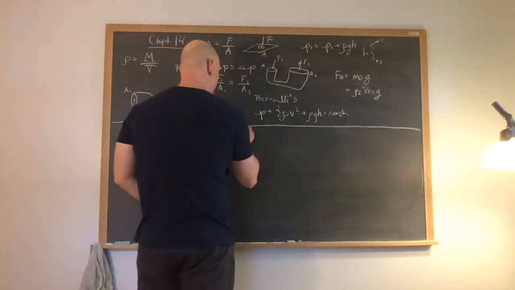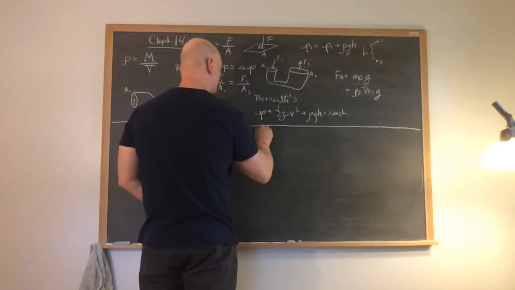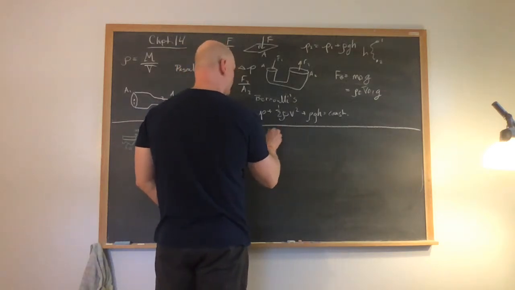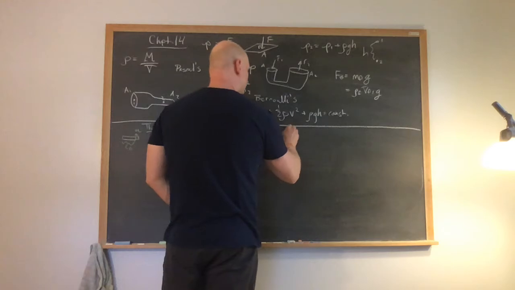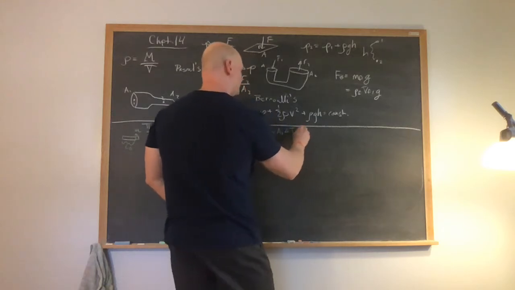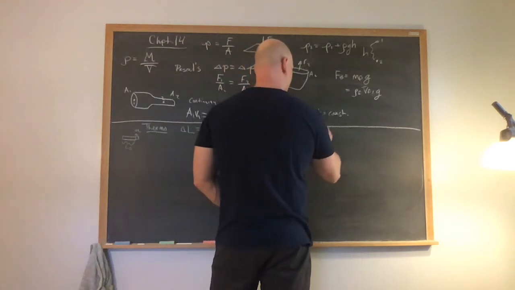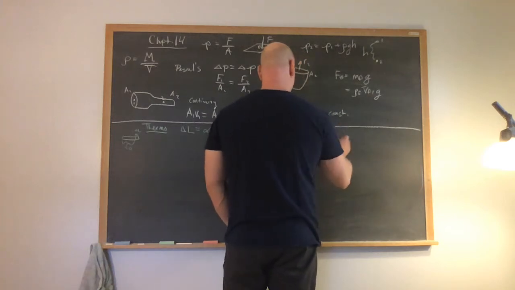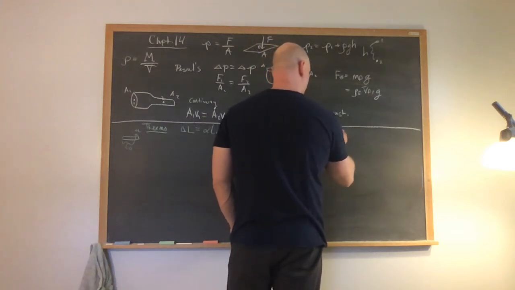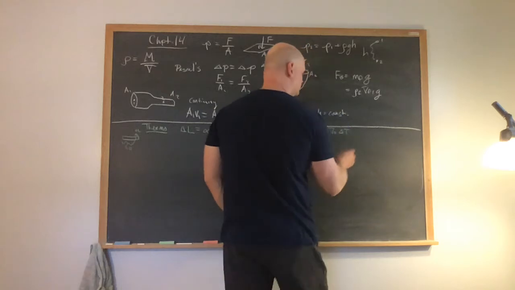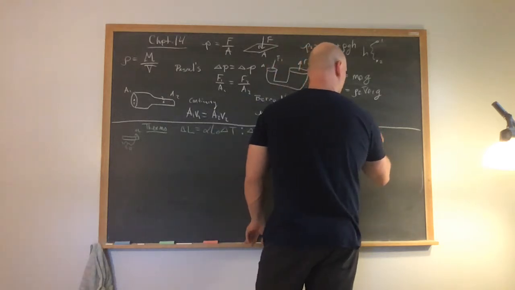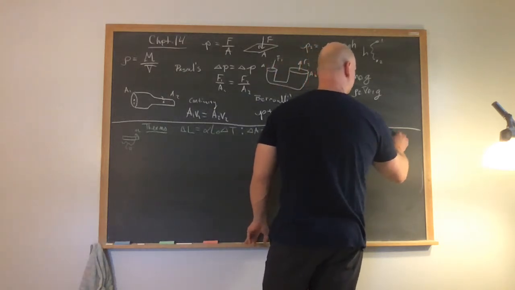This also had area, so you can also have the change in area is equal to 2 times alpha times the initial area times the change in temperature. And also the change in volume is equal to beta times the initial volume times the change in temperature, where beta is equal to 3 times alpha for a solid.